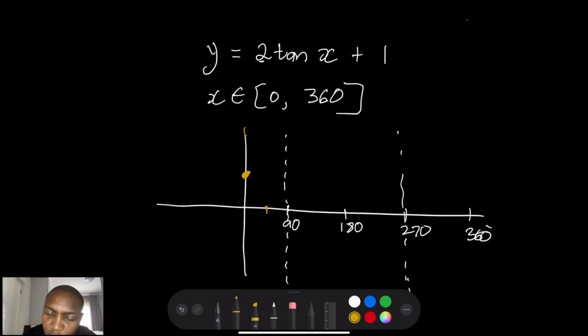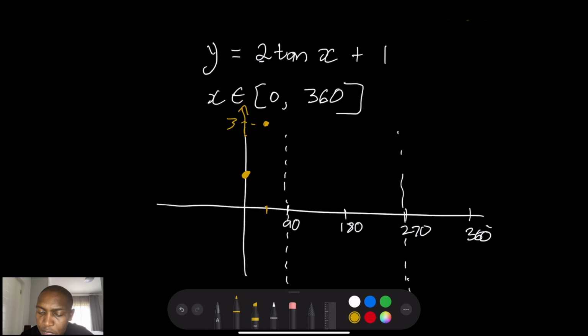I wouldn't be able to fit this graph as nicely as I would like to, but nonetheless, we'll still do our best within what is possible. So there's 3 somewhere there.